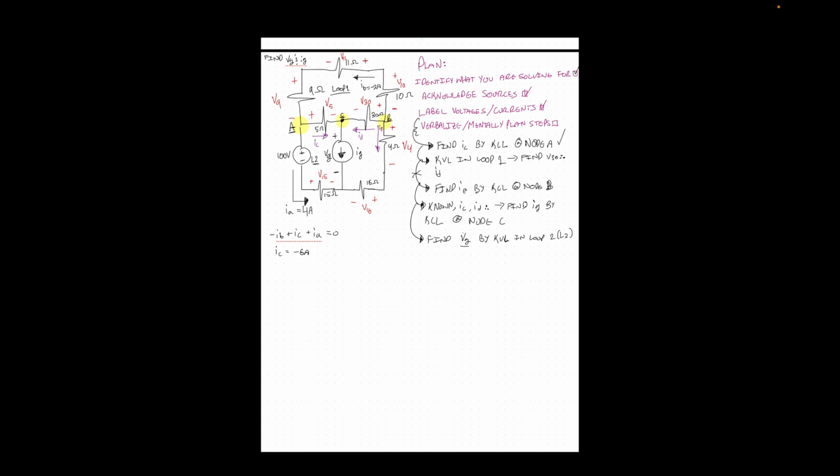So my step 2, let's make a little partition here. We're going to have minus V9 minus V11 plus V10 plus V30 minus V5, and that's all going to equal 0.